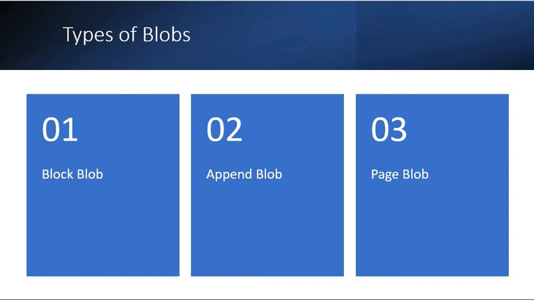And the size of a single blob is slightly higher than the normal, which is 4.75 terabytes. So the total size you can calculate as 100 MB into 50,000 blocks, and it will be your total size. So in a block blob, you can insert, delete, and replace blocks.